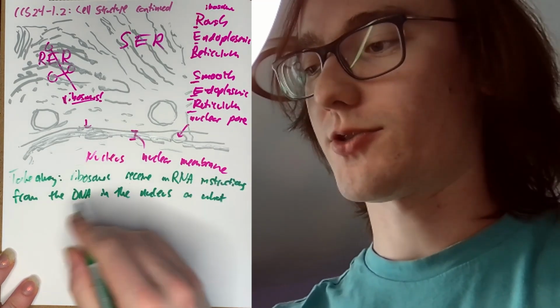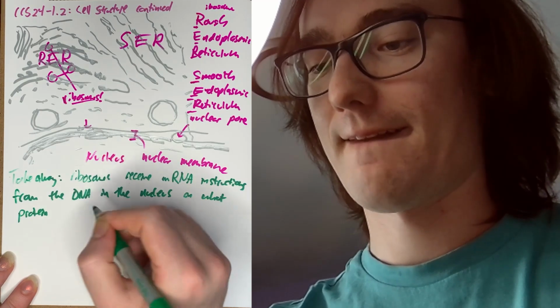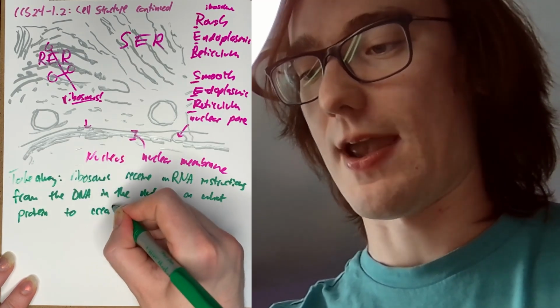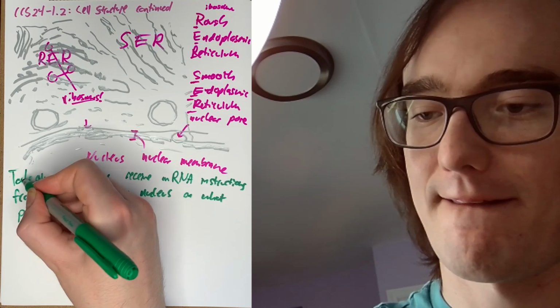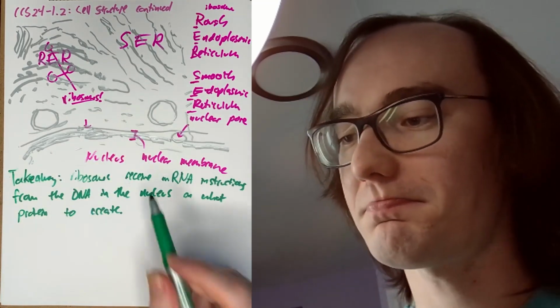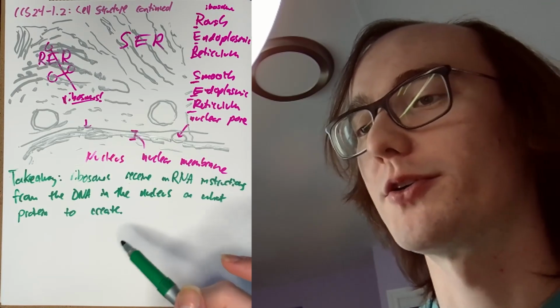And what do those instructions do? They tell you what protein to create. That's what you'd do as well, if you could read them. Ribosomes receive mRNA instructions from the DNA in the nucleus on what protein to create.